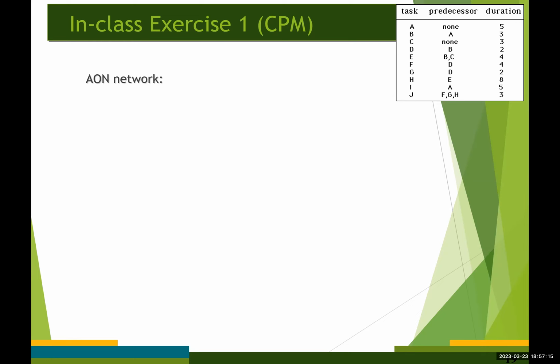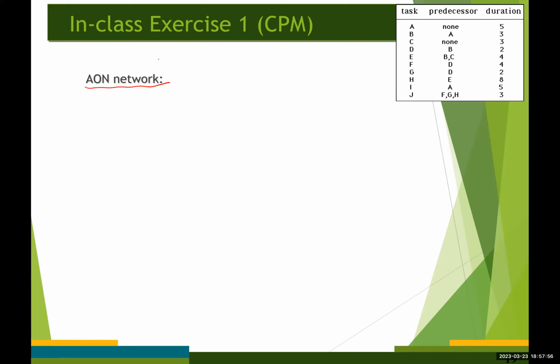So here I'm going to start with this, our start node. And then let's say we are going to have the end node here. So these two are the only dummy activities required for the AON network.